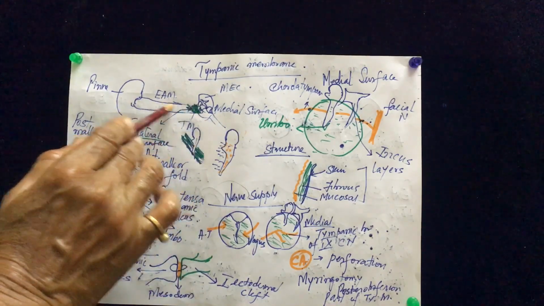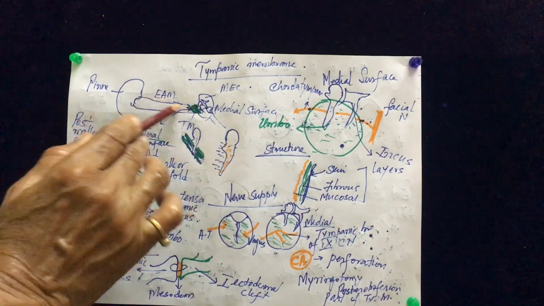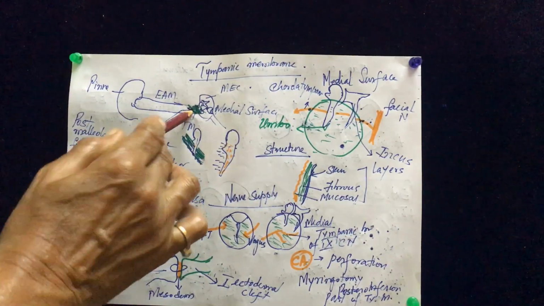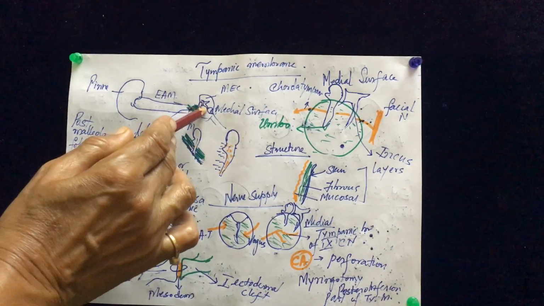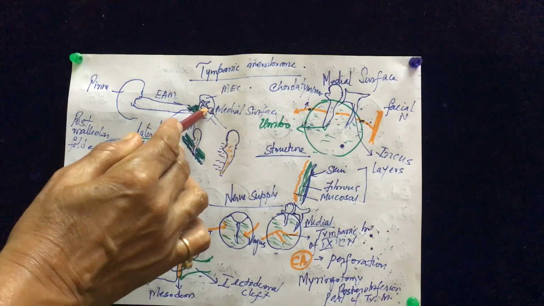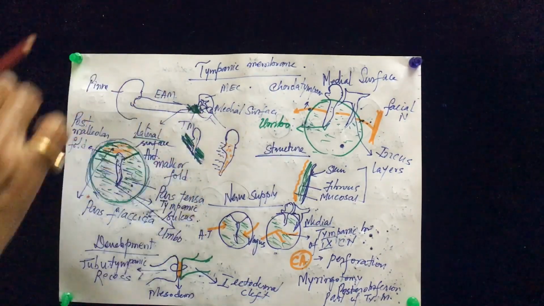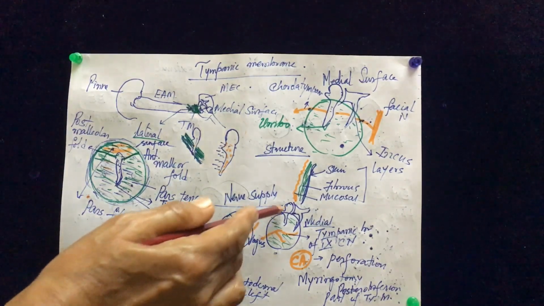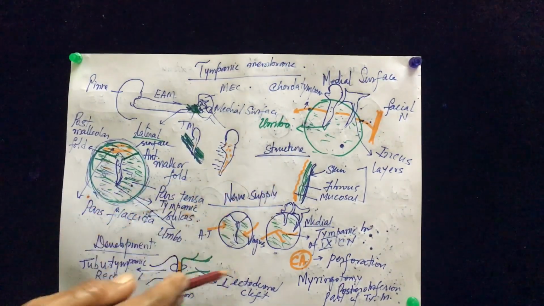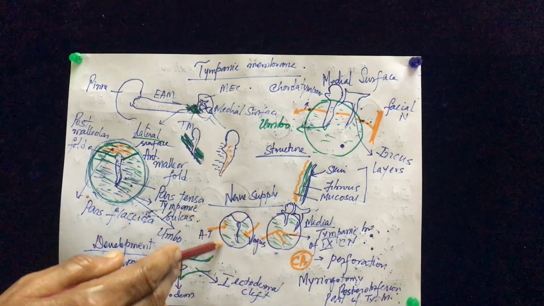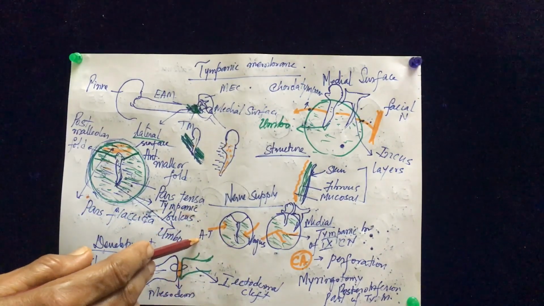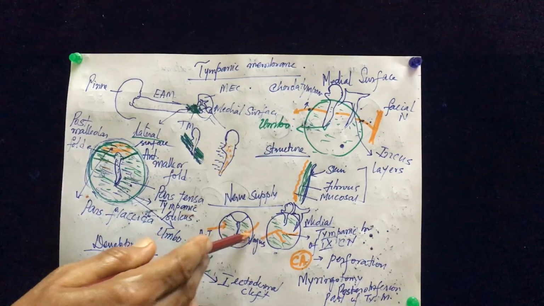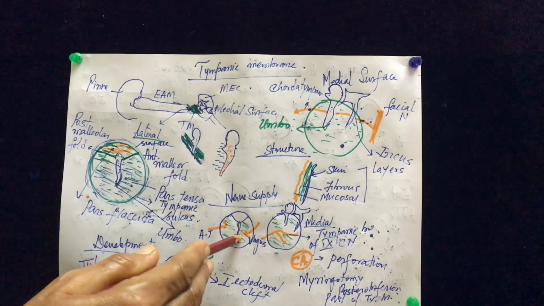Three main components form the whole of the tympanic membrane. The lateral surface towards the external acoustic meatus is lined by skin. This side is lined by mucous membrane, and in between is the fibrous layer. Coming to the nerve supply, the lateral surface of the tympanic membrane is supplied by the auriculotemporal nerve and the tympanic branch of the vagus nerve.